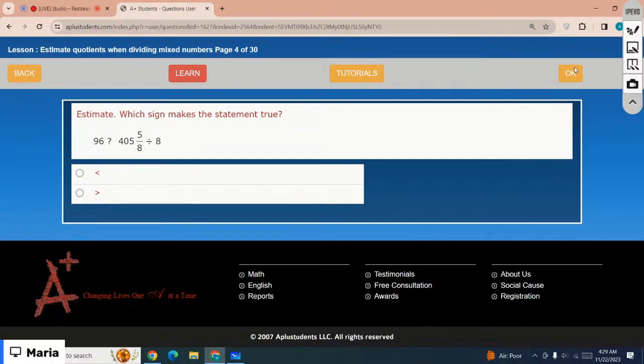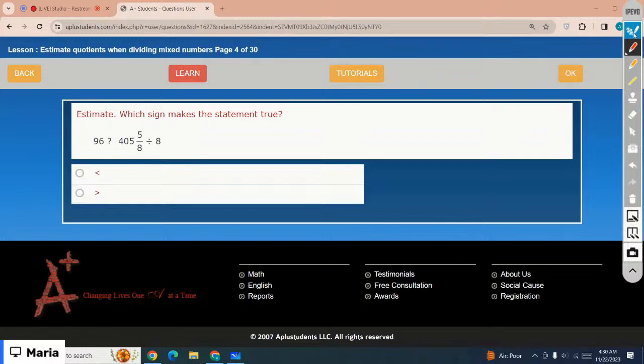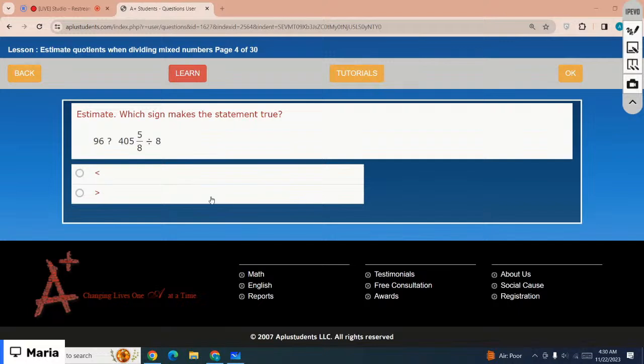So 400 divided by 8 is 50. You have to compare to 96. So 96 is greater than 50. So the correct option is greater, right? That would be greater.